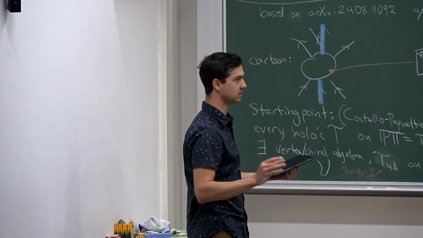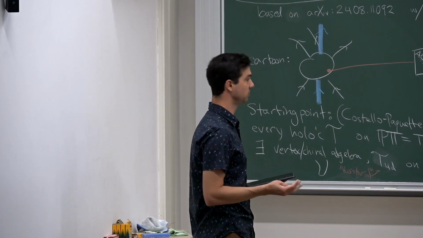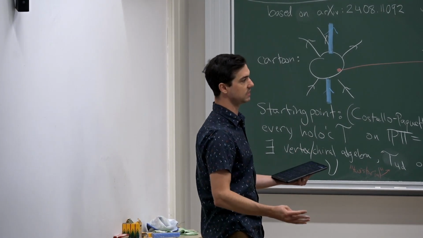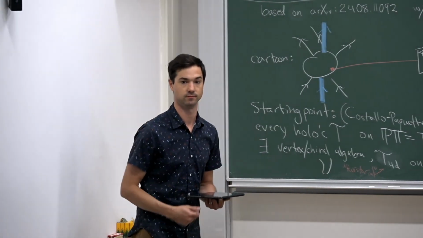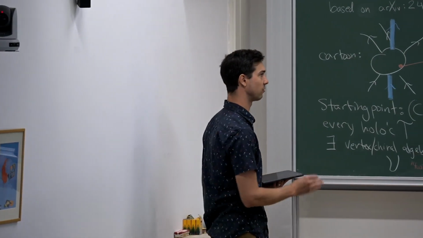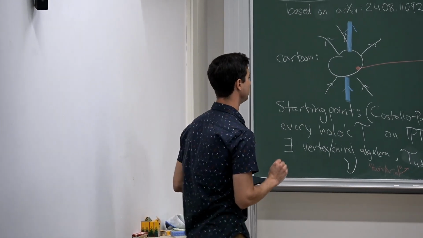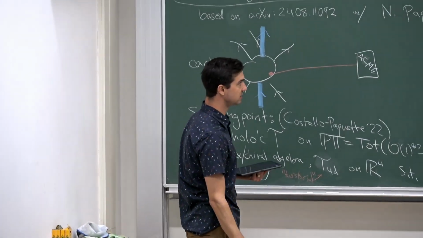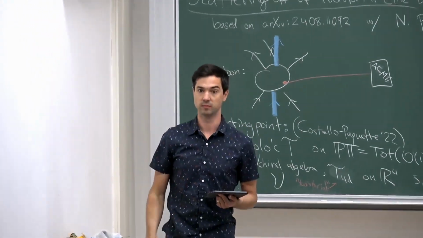Perhaps we're blasting it with a laser during the scattering process. And at the end of the day, we're going to be able to compute these scattering amplitudes or form factors purely algebraically. Of course, this relies heavily on the fact that we're working with twistorial field theories, and not all line defects are created equal in these theories, and so that's where these twistorial line defects come in.